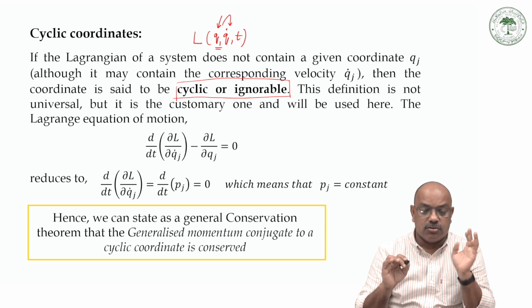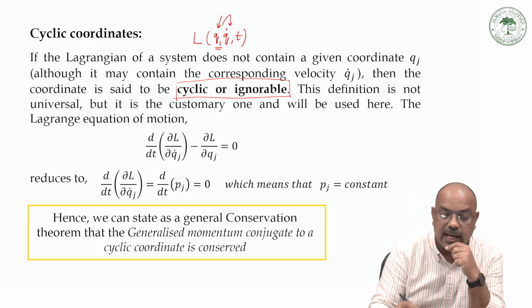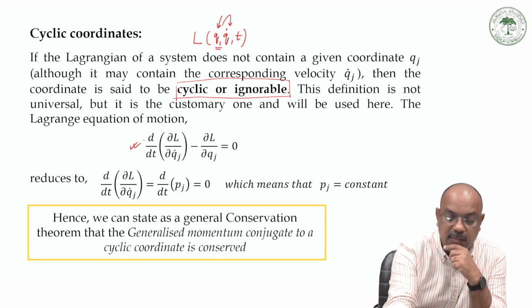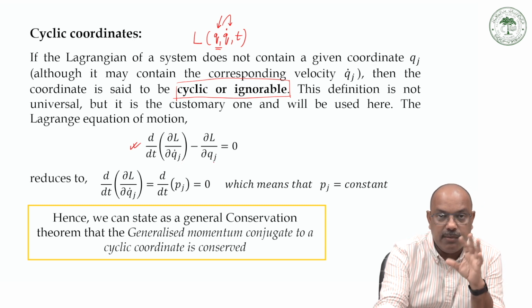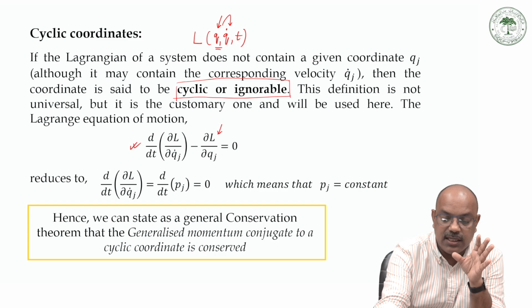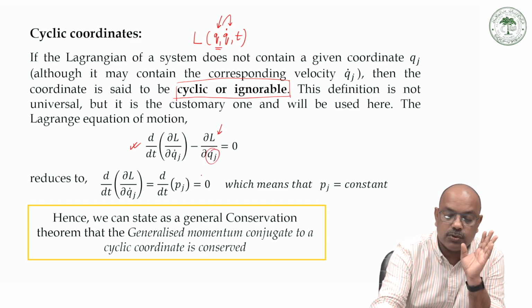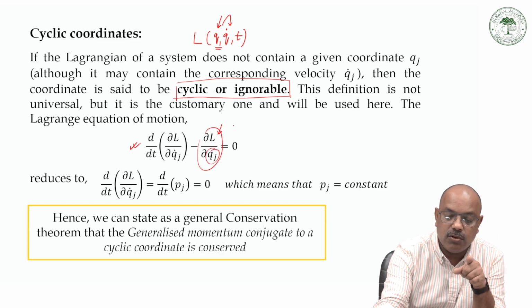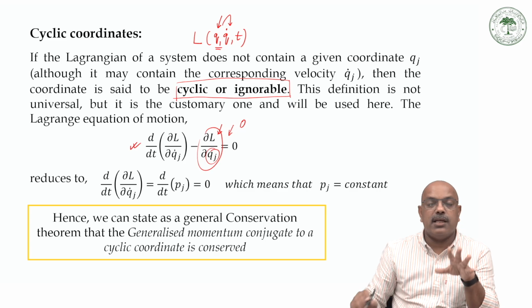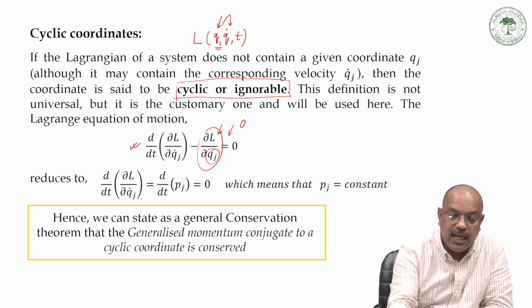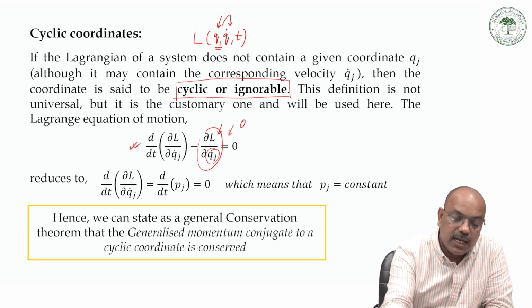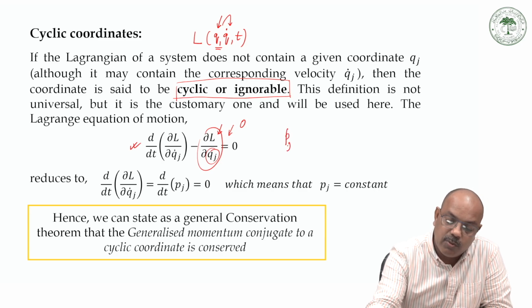So if you see your Lagrange equation of motion, d/dt of ∂L/∂q dot_j minus ∂L/∂q_j, when I say that the Lagrangian is independent of q, this second term is going to be 0 because the Lagrangian doesn't depend on q. So I have d/dt of ∂L/∂q dot equal to 0, so it is constant, and I define that conjugate momenta as ∂L/∂q dot_j.